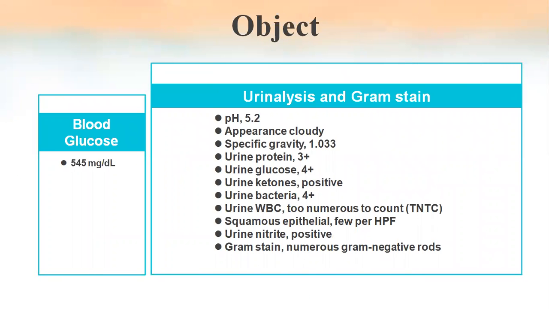Objective: blood glucose 545 mg per dl. Urinalysis and gram stain: pH 5.2, appearance cloudy, specific gravity 1.033, urine protein plus 3, urine glucose plus 4, urine ketones positive, urine bacteria plus 4, urine WBC too numerous to count, squamous epithelial few per HPF, urine nitrite positive, gram stain numerous gram negative rods.